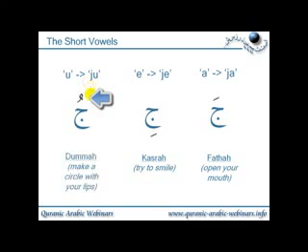The symbol itself is known as Dummah, and when you make the oo sound, you make a small circle with your lips. So those are the three short vowels known as Fathah, Kasrah and Dummah, giving the sounds A, E, U.